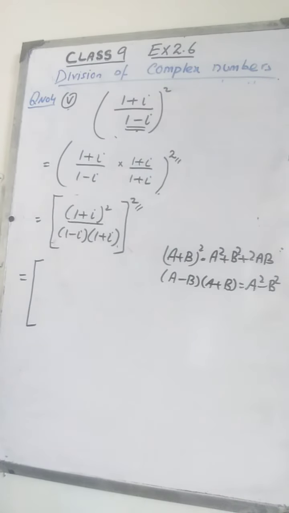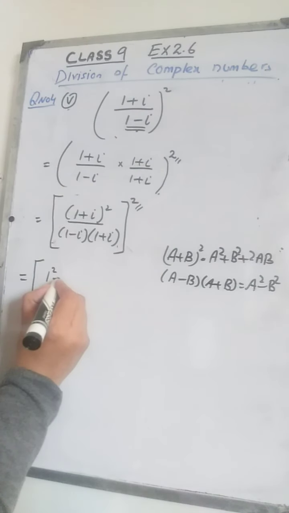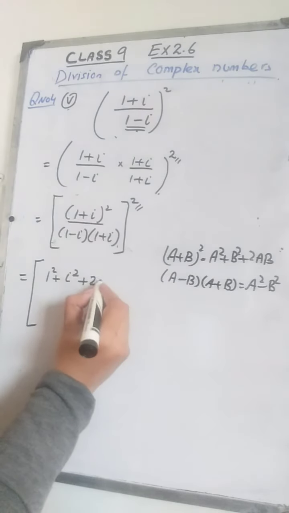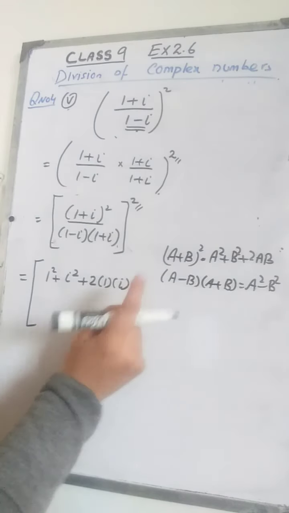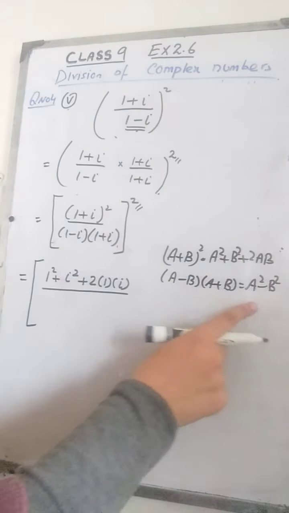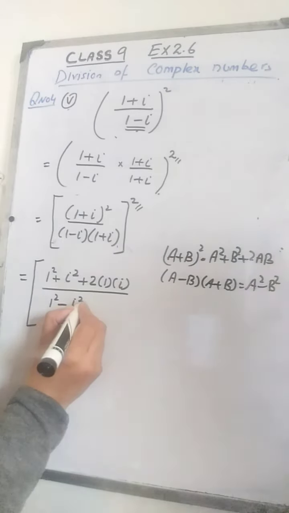Do note it. Now 1 plus iota square will be 1 square plus iota square plus 2a into b. I have applied this formula over here, over 1 minus iota into 1 plus iota, which will be 1 square minus iota square.